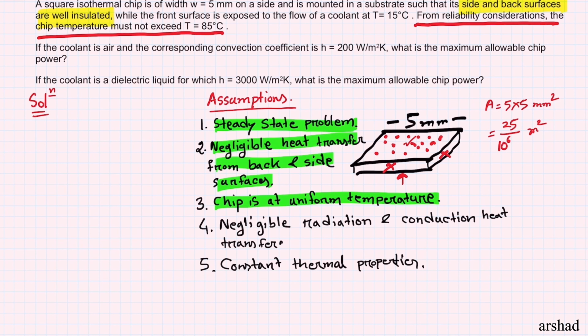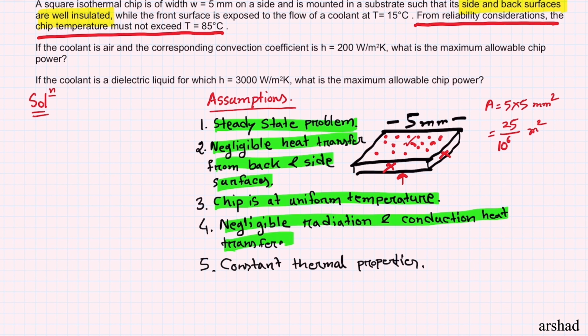After that, we are assuming that we are neglecting the radiation and conduction heat transfer from this chip. In the real world, obviously there is going to be some radiation heat transfer and very little conduction heat transfer from the chip to the substrate, but we are neglecting them to better understand the heat convection process.